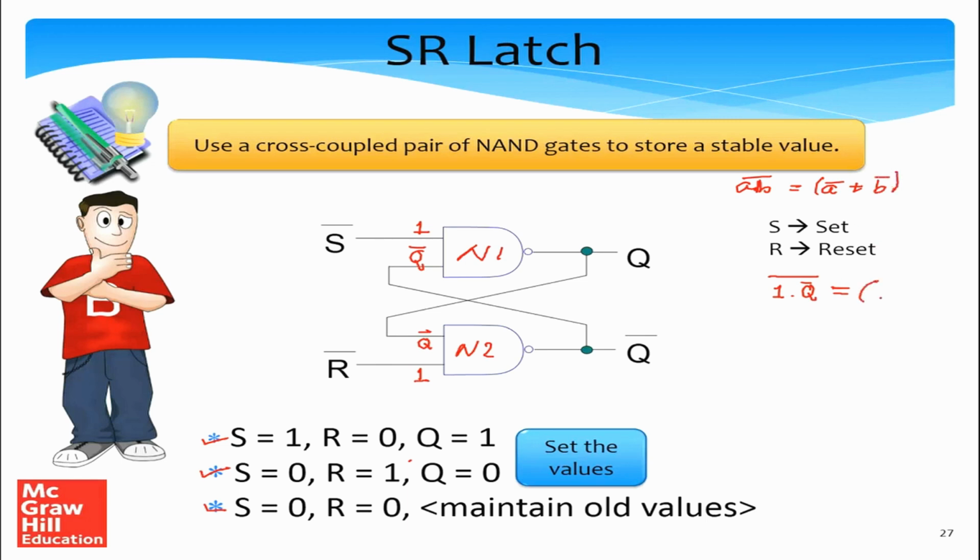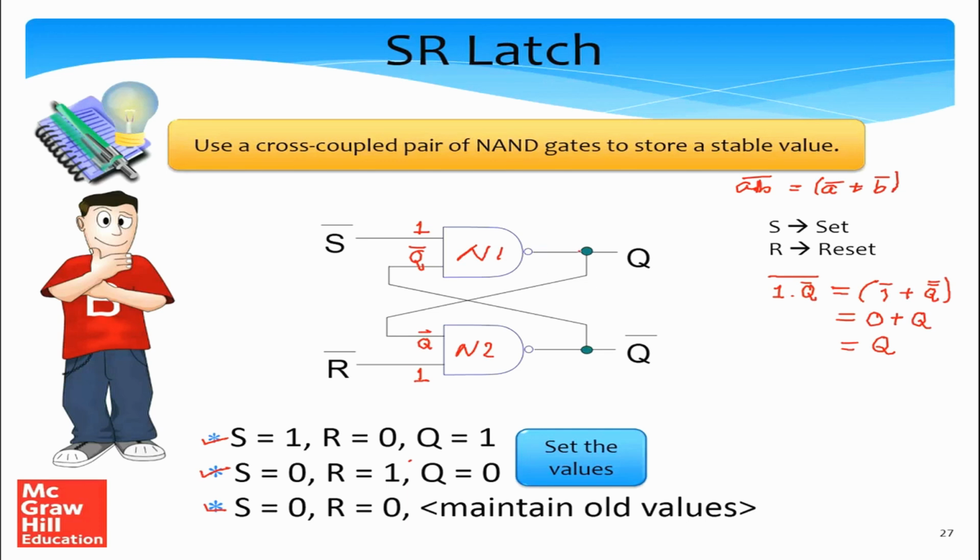So using this, if you open it up, this will be 1 complement, or Q, so which is equal to, 1 complement is 0, or Q, so 0 or Q is equal to Q. Alright. So basically the output of N1 is equal to Q.